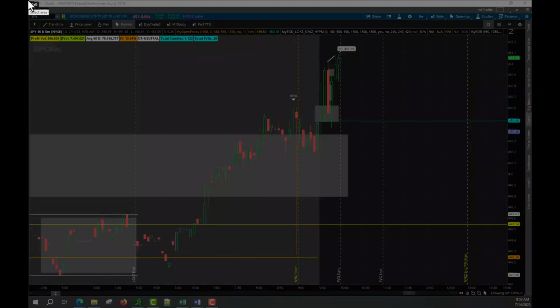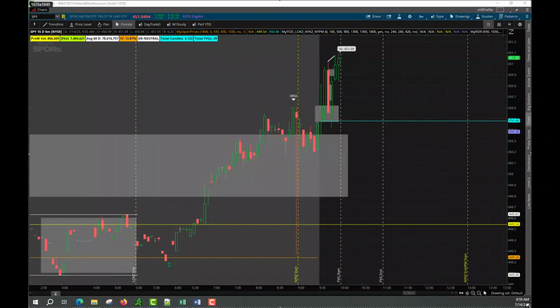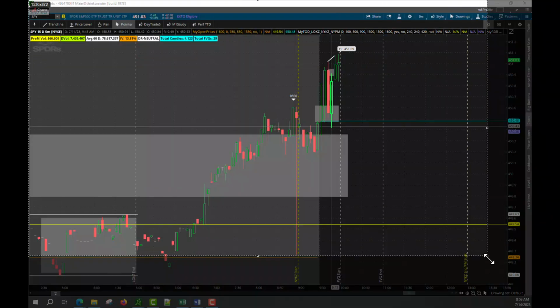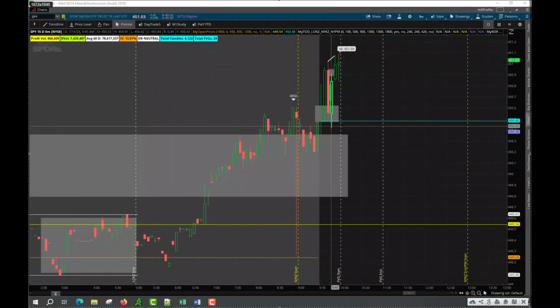Yeah, let's redo this screenshot. It's not an order block, but it's a breaker block. Breaker, fair value. In this case, a bullish breaker.